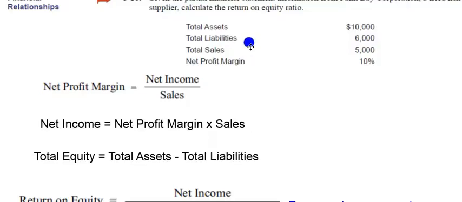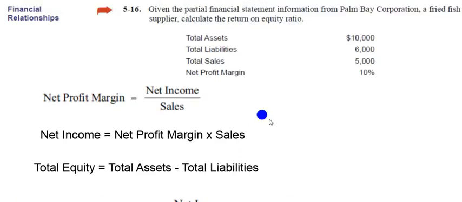So if we simply say 10,000 minus 6,000, that is going to give us our total equity right here. A lot of times you'll get a problem where you won't have the variable that you want, but if you know the relationships of all the variables to each other, you can figure out what you need to know.